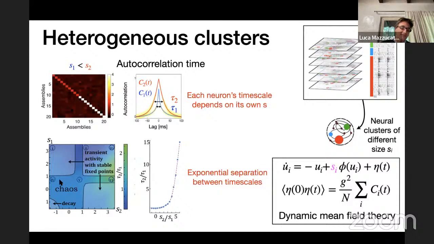What's interesting is that we can focus on these chaotic activity regions, because that's what we want to look at. We're interested in the autocorrelation function in the chaotic regime. If we fix one self-coupling to be S1 equals 1, and we increase the value of the self-coupling in the second group, then we can calculate the ratio between tau2 and tau1, the timescales in the two populations, and we see that this ratio increases exponentially as a function of the ratio of the self-couplings.